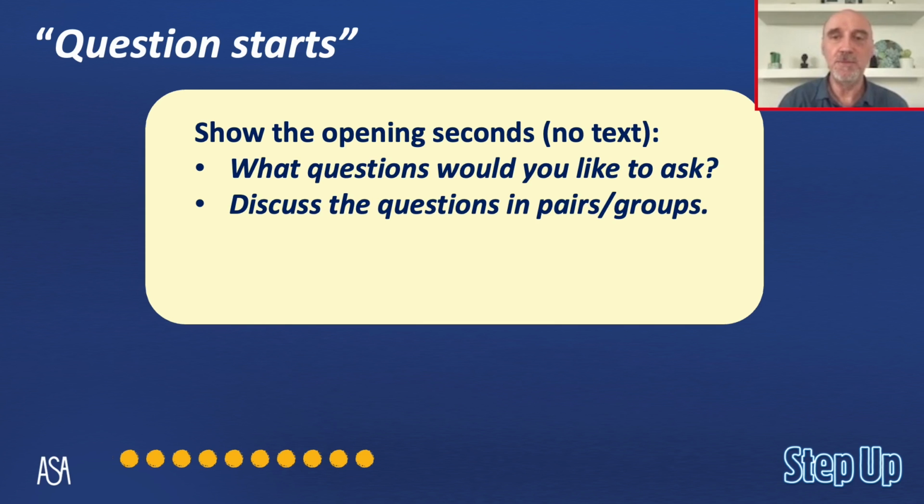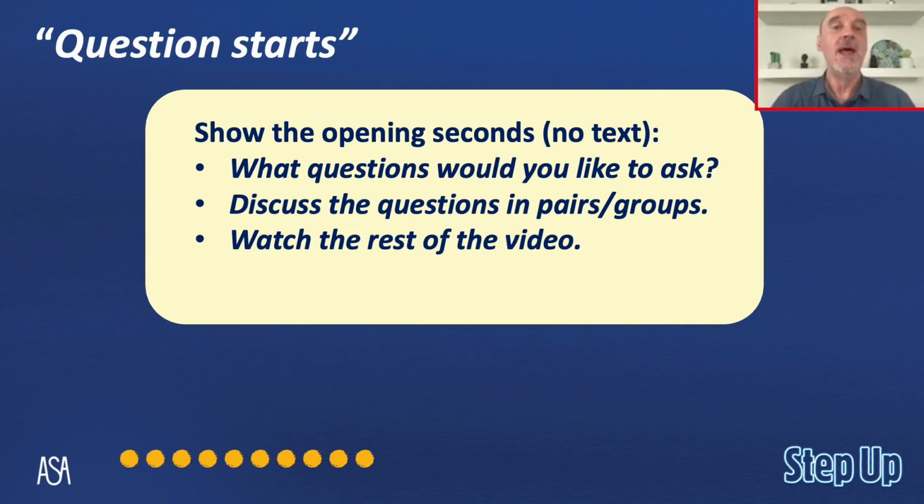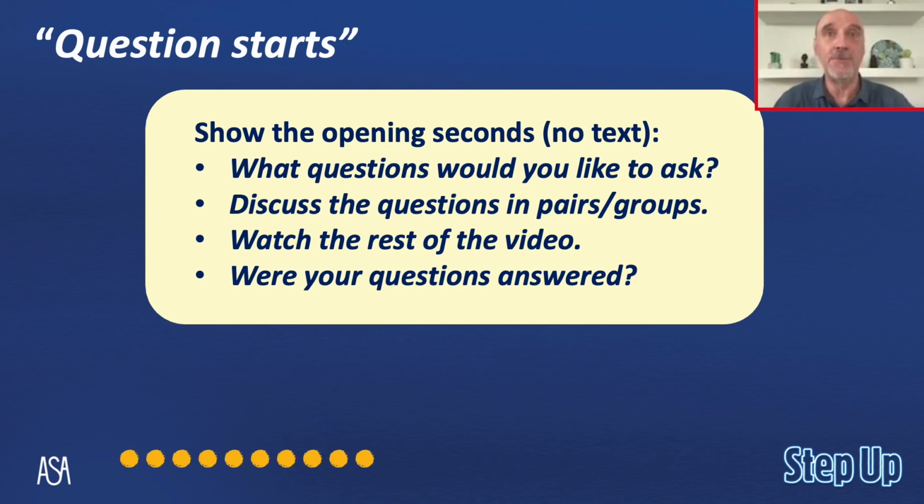Then they can discuss them quickly in pairs and groups and share any ideas in the whole class. And then, of course, they watch the rest of the video and find if their questions were answered and if their ideas were confirmed. Nice and simple, but using the students' own input, their own curiosity, to provide a task to answer and predict the content of the video.